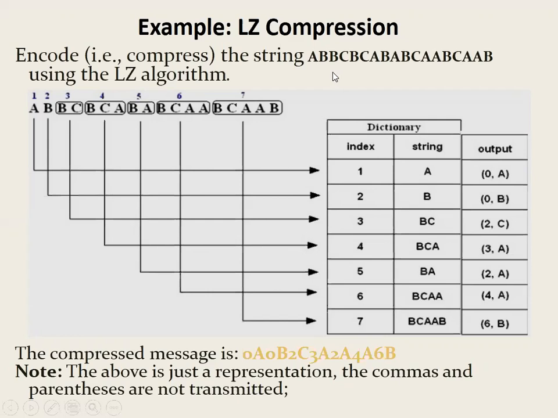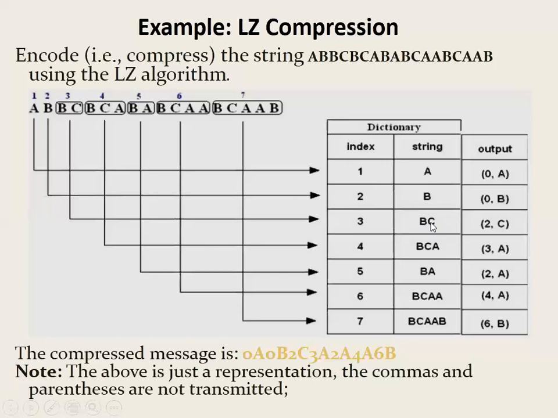Then again go to the given string and take B and include it with an index 3. But we can't take B only by itself because B is already available at index 2. So to make B unique, we have to add 1 more symbol, that is C. So when we add C to B, now we have at index 3, BC.